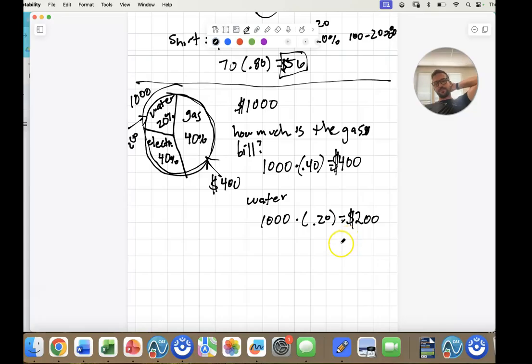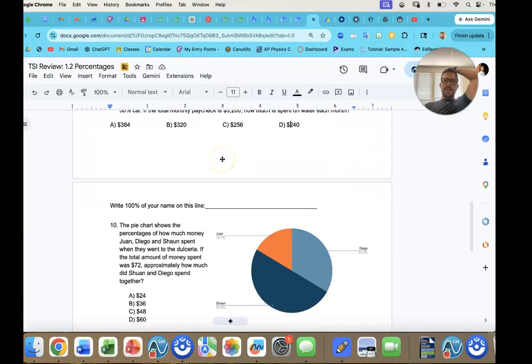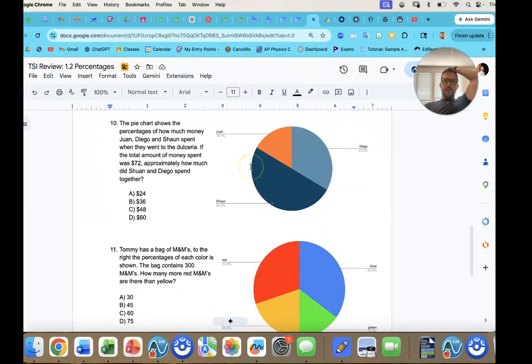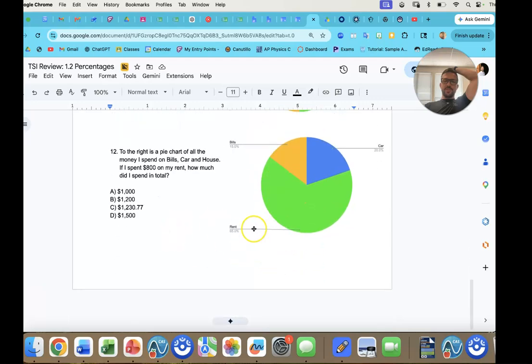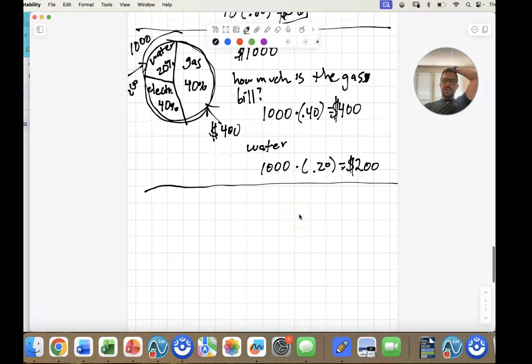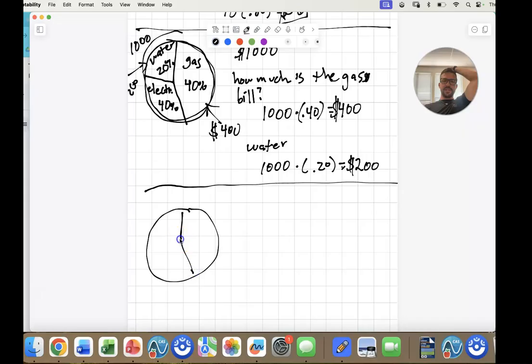Okay? Now, you also need to be able to go backwards. What I just showed you, you should be able to answer almost all of those, and then not the last one. The last one I'm going to show you right now. Let's say they do something similar to that. Since I have this bill idea, I'll just stick with it.